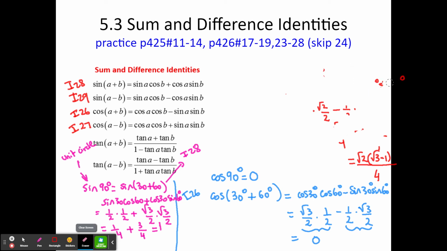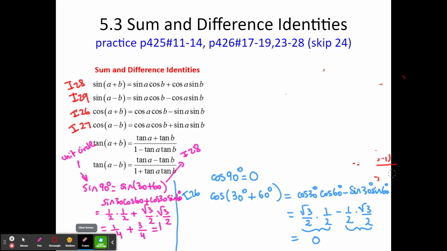So when we use sum and difference identities, we do need to use the unit circle because we're not using the calculator, because the calculator won't give us the exact value of sine and cosine of the non-remarkable angles. And again, non-remarkable angles are angles that are not on the unit circle.